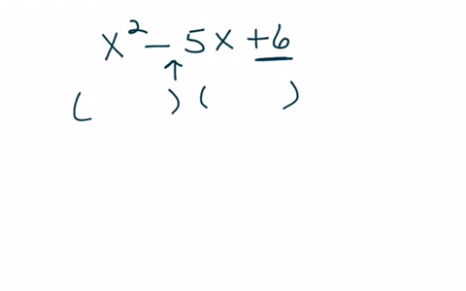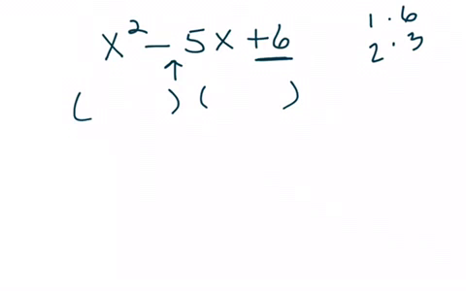So I'm going to put my factors down again. 1 times 6, 2 times 3. But they both multiply to 6, but they do not add to negative 5.